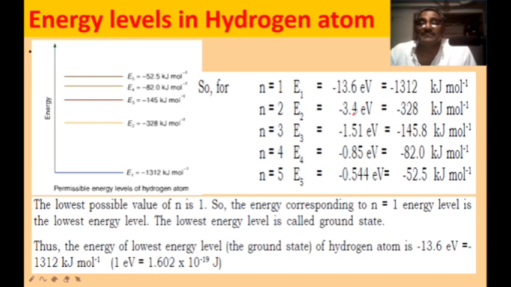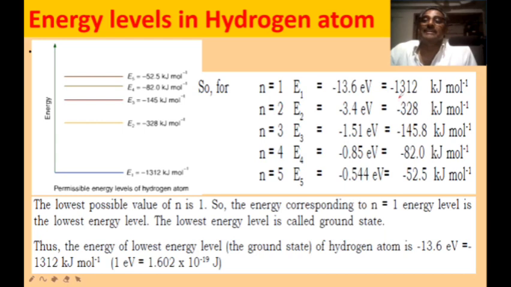The reason is 1 electron volt is equal to 1.602 into 10 to the power of minus 19 joules. If electron volts are multiplied by 1.6 into 10 to the power of minus 19 joules and divided by 1000, we get the value in kilojoules.